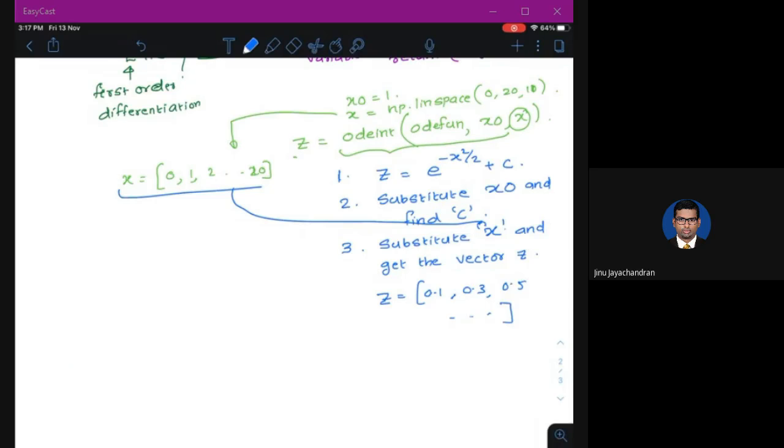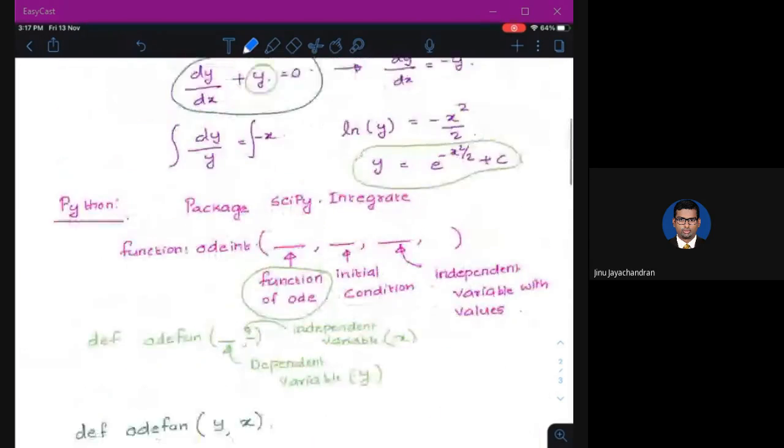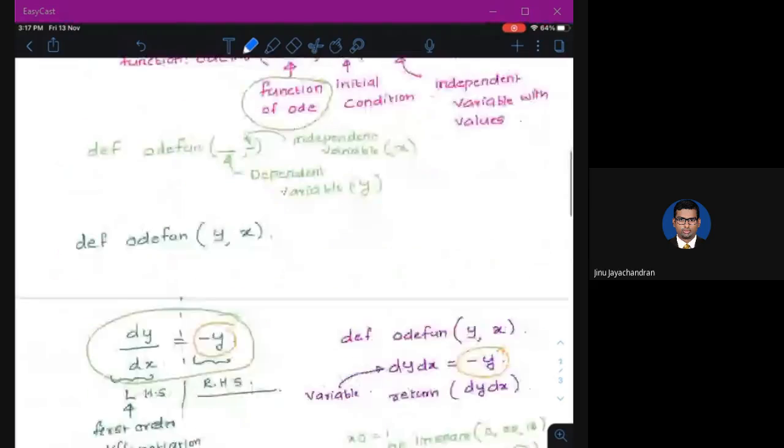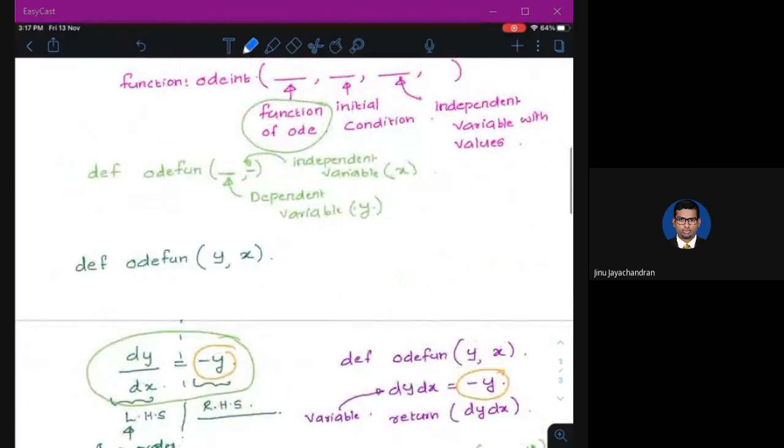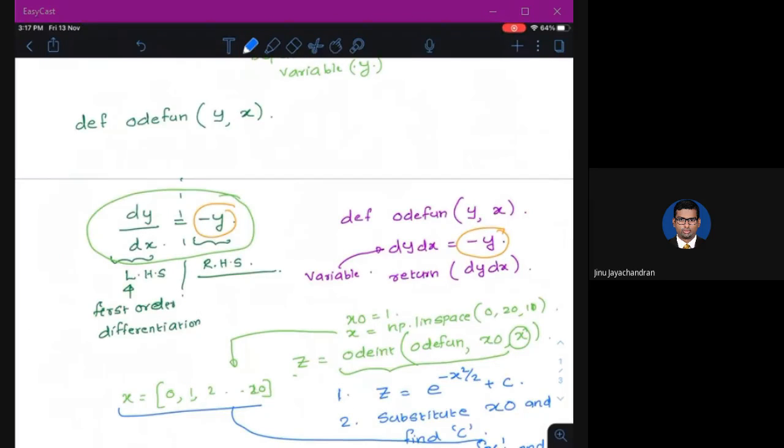Okay, so let me just show you a sample code so that you will understand. Okay, so I hope you have understood how to solve the equation, and I hope you have also understood how you can use the ODE int function. So what should be the arguments of the ODE int function which will help you to solve in Python?